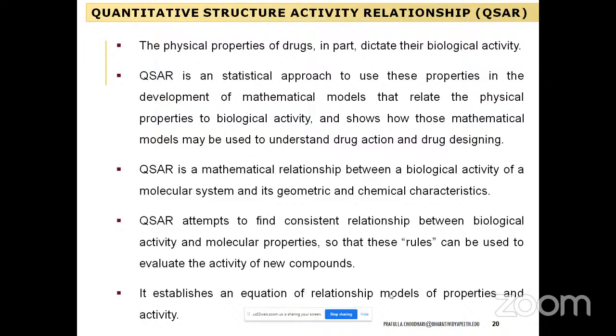So QSR identifies these consistent relationships and shows that this QSR has a high degree of predictability. The QSR model often has a high degree of predictability, and it always establishes an equation of relationship between the properties and biological activity.